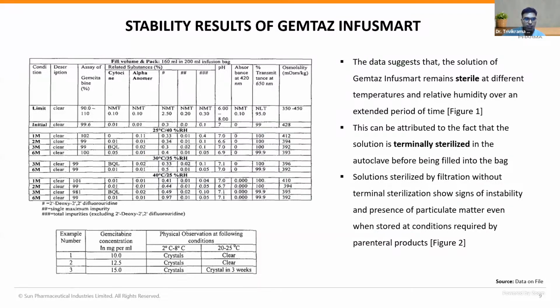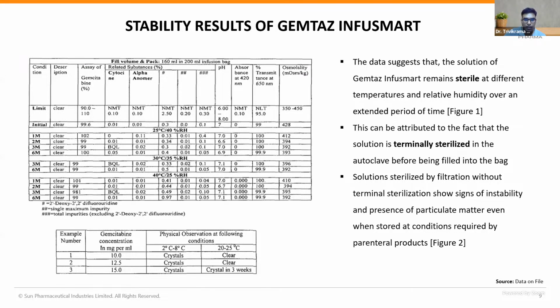There is a table showing that they tested this bag at different temperatures like 25, 30, and 40 degrees, along with different humidities, 40%, 35%, and 25%, and at different concentrations. They found that the InfuSmart solution remains sterile at different temperatures and relative humidity over an extended period of time.